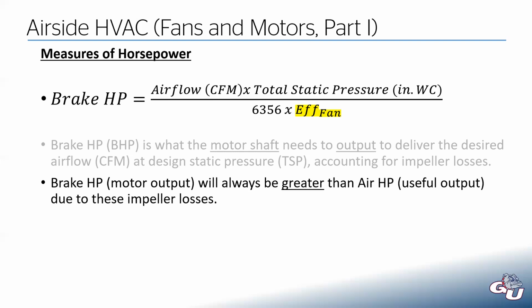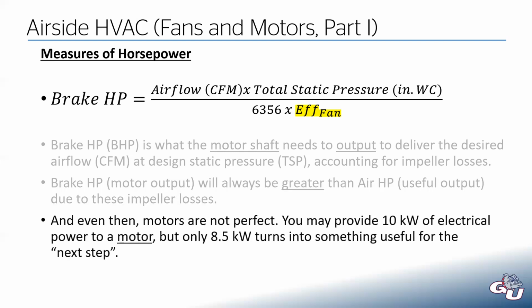And we can take this one step further. Motors aren't perfectly efficient either. So if we feed the motor 10 kW, how much of that is going to turn into something useful at the motor shaft? Because that's not a perfect process either.